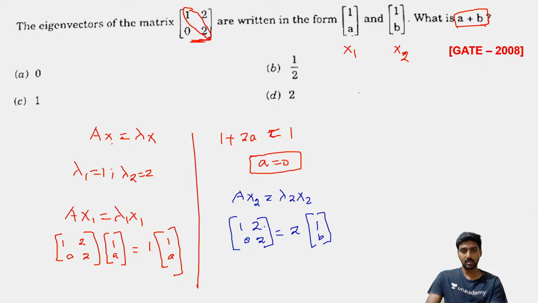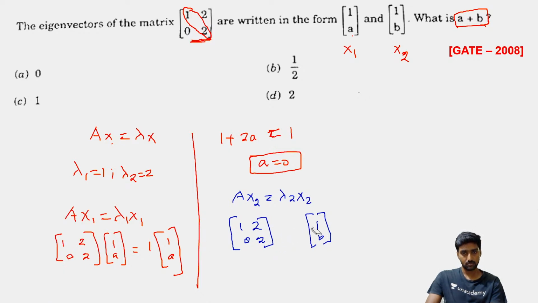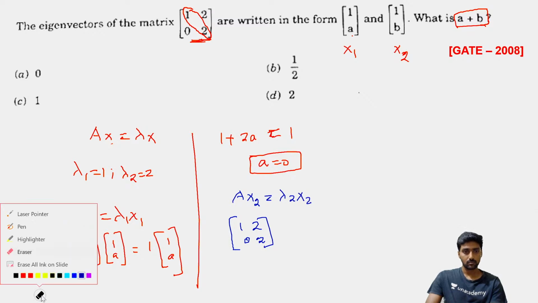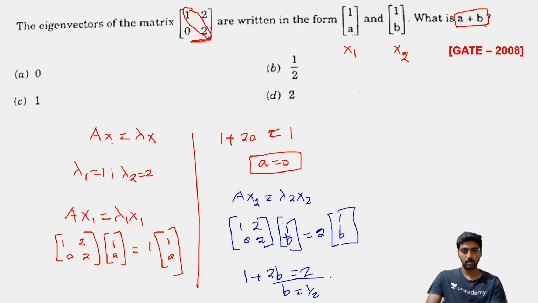Here we need to multiply the b also, right? First row into first column: 1 plus 2b is equal to 2. What will be the b? b is equal to 1 divided by 2. So a is equal to 0, b is equal to 1 divided by 2.